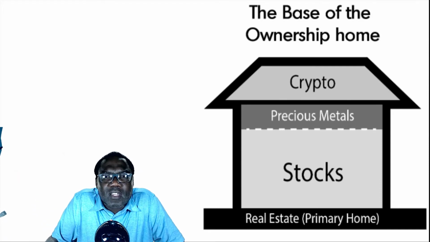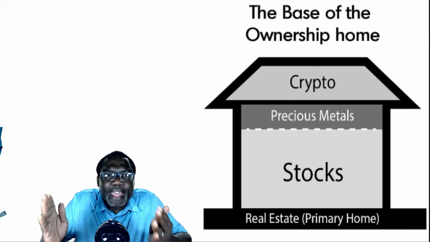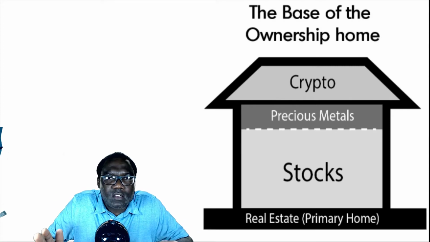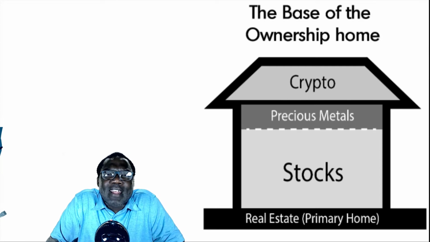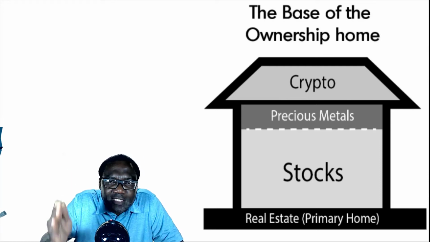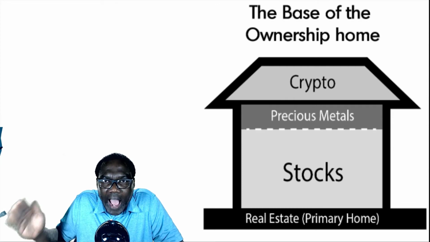So that's the first reason why I believe that this subcategory in real estate, which is a primary home, is the most useful asset and should make the base of your financial future. You should start with a house. So that's why I think the real title for this video should be Start with a House.